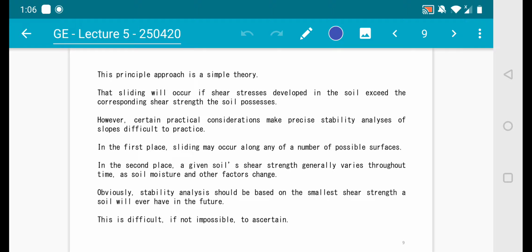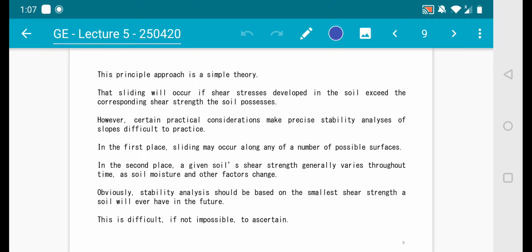So you have the load from the shear stress, and you compare it to the resistance from the shear strength. Now, certain practical considerations make precise stability analysis of slopes difficult to practice.